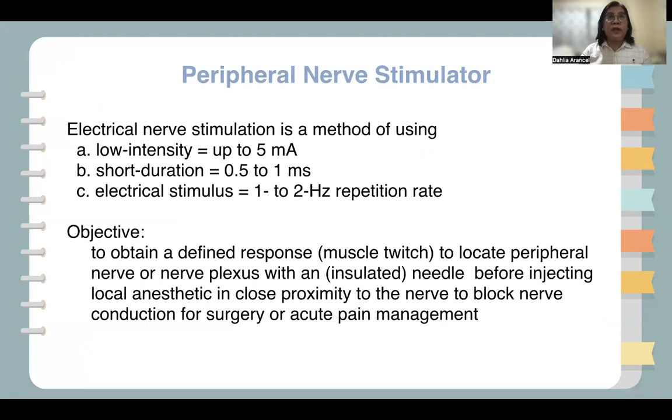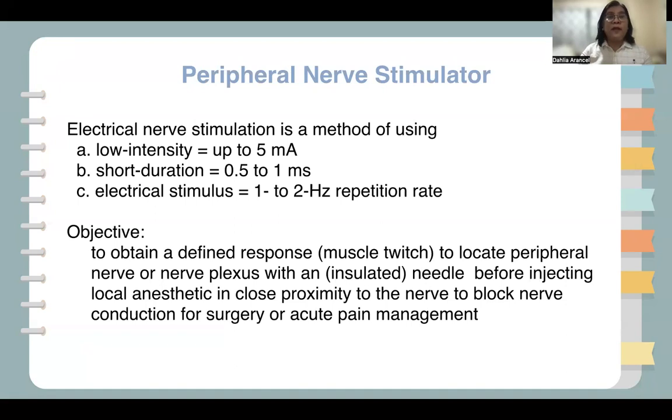Electrical nerve stimulation is a method of using a low intensity, up to 5 milliampere, short duration, 0.5 to 1 millisecond, electrical stimulus, at 1 to 2 hertz repetition rate.